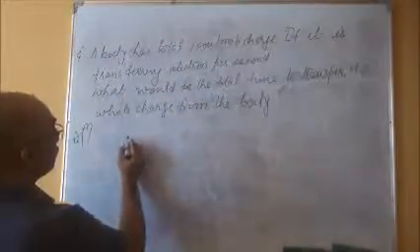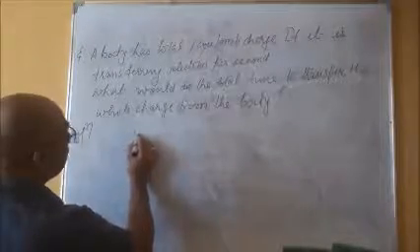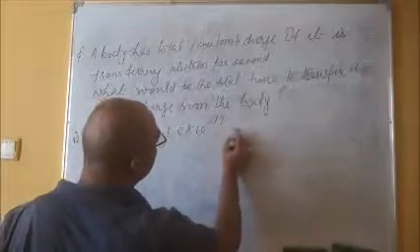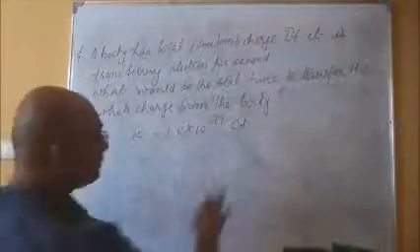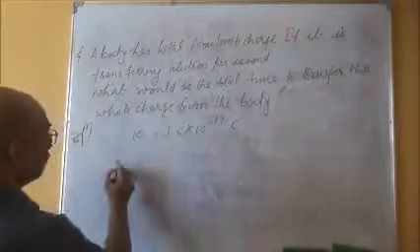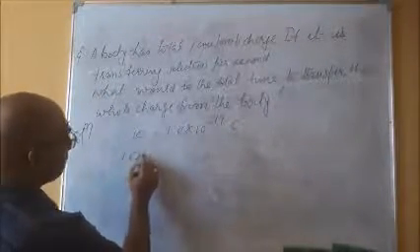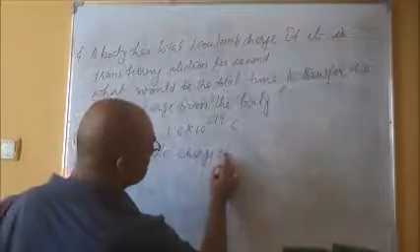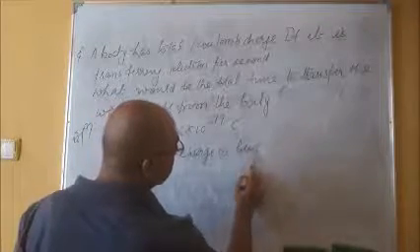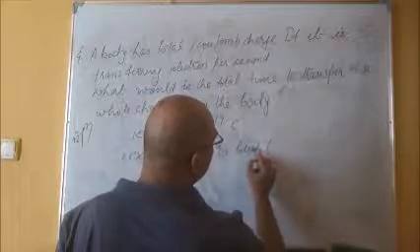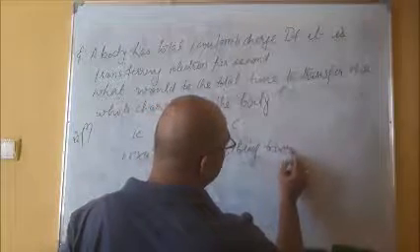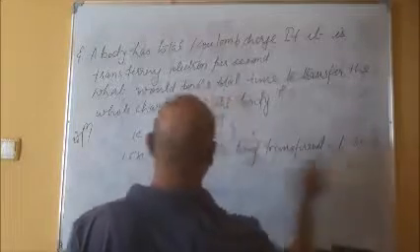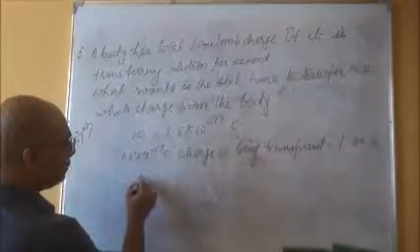You know that the charge of 1 electron is 1.6 into 10 to the power minus 19 coulomb. So 1.6 into 10 to the power minus 19 coulomb charge is being transferred in 1 second.